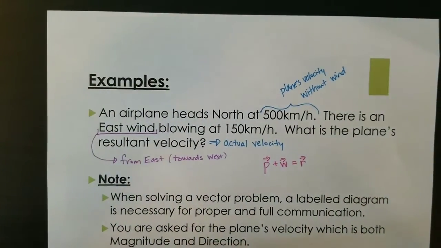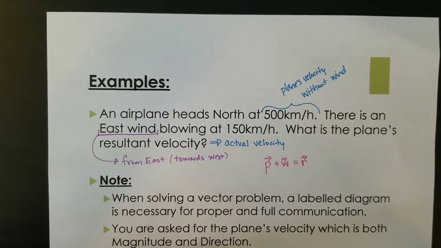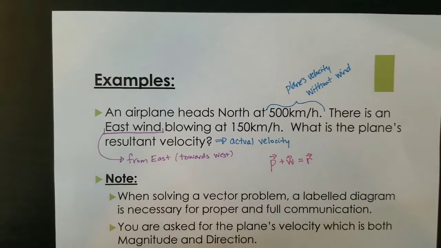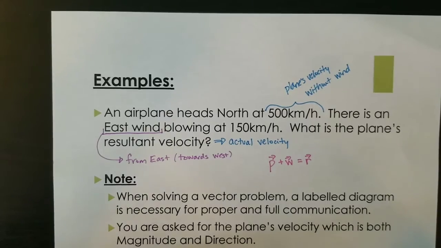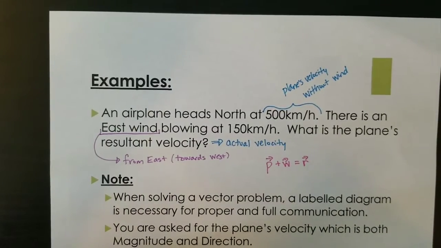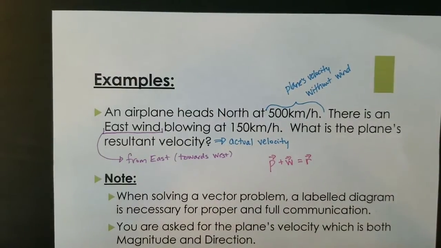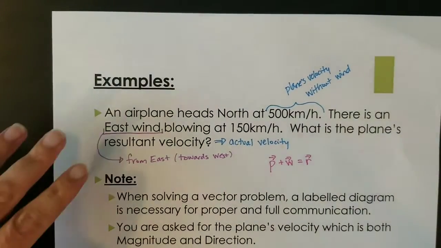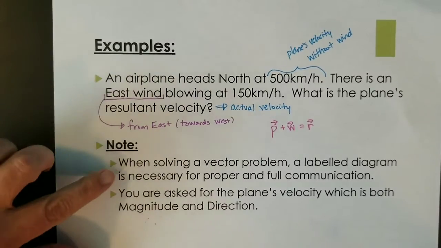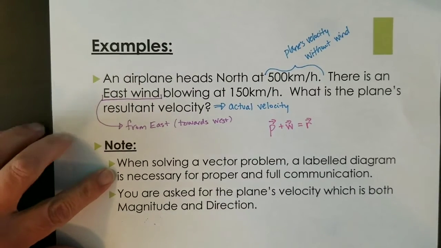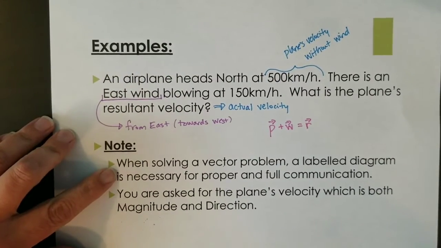You can get questions where you're given a resultant velocity and you want to look backwards and say, how fast must the wind have been blowing, or how fast did the plane fly without the wind, if you were given any two of those three. So just a couple notes, we need to draw a diagram every single time you're doing vector addition. That's really important.